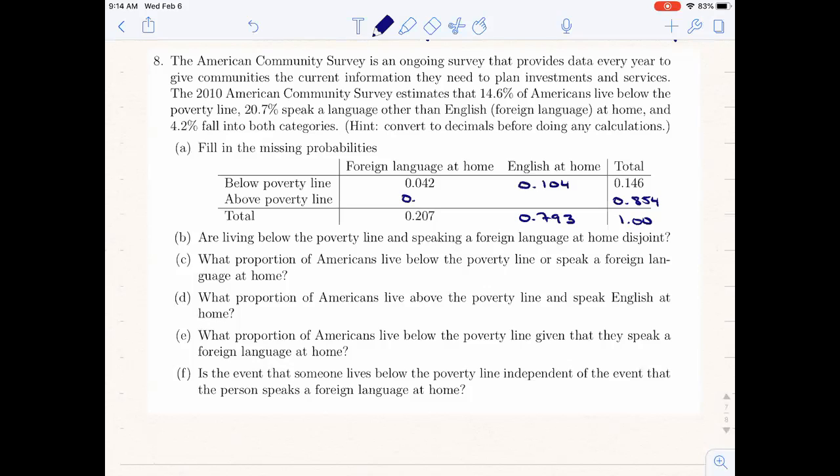So it has to be 0.165. And then 0.854 minus 0.165, 0.689.